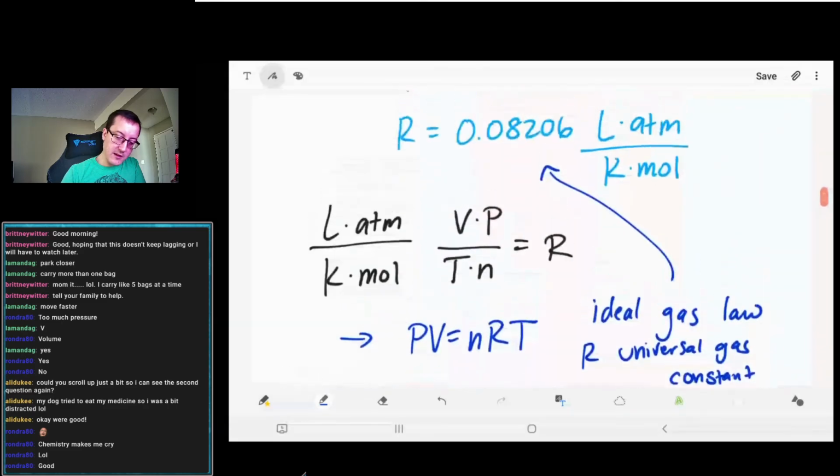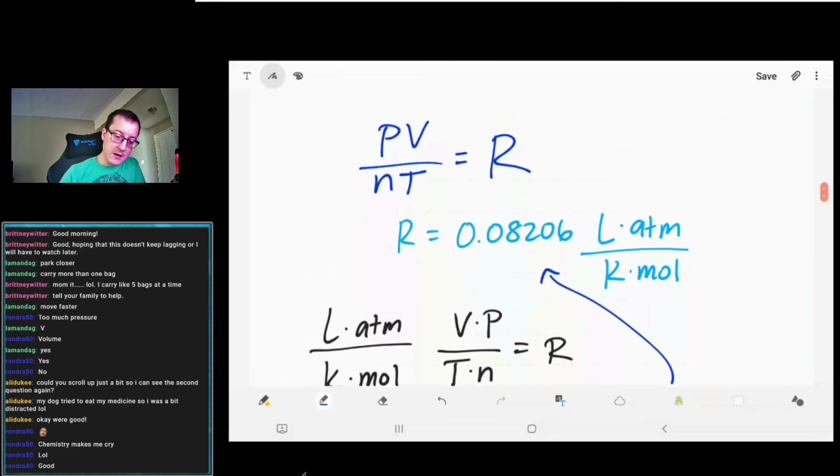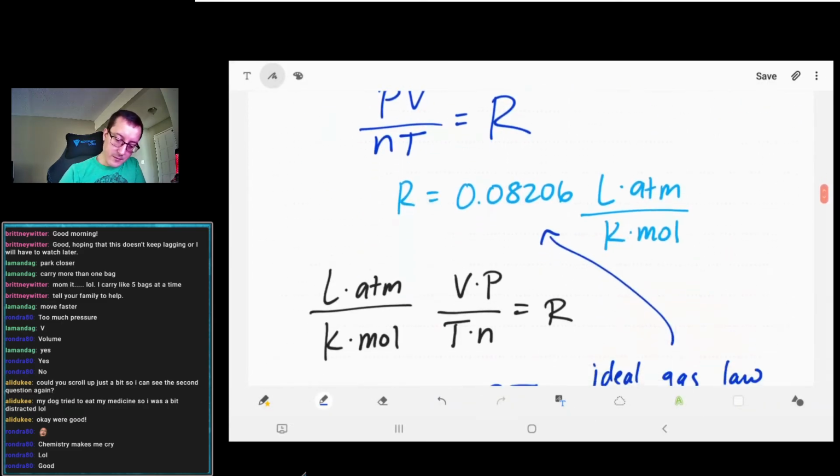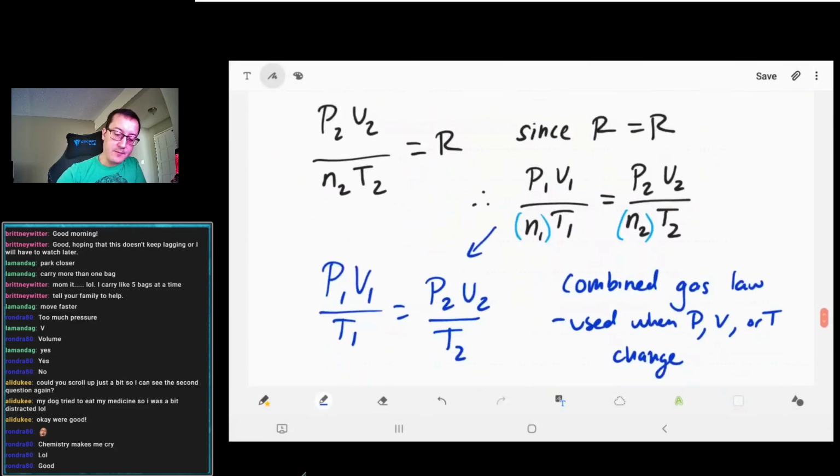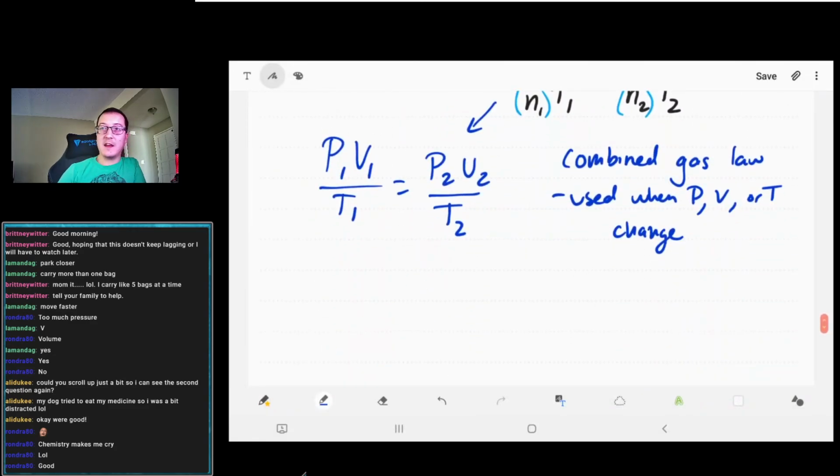Wow, this was a long time ago. Okay. There it is. This one is used for calculating one of the quantities when you're given the other three. This law is used for when things are changing.